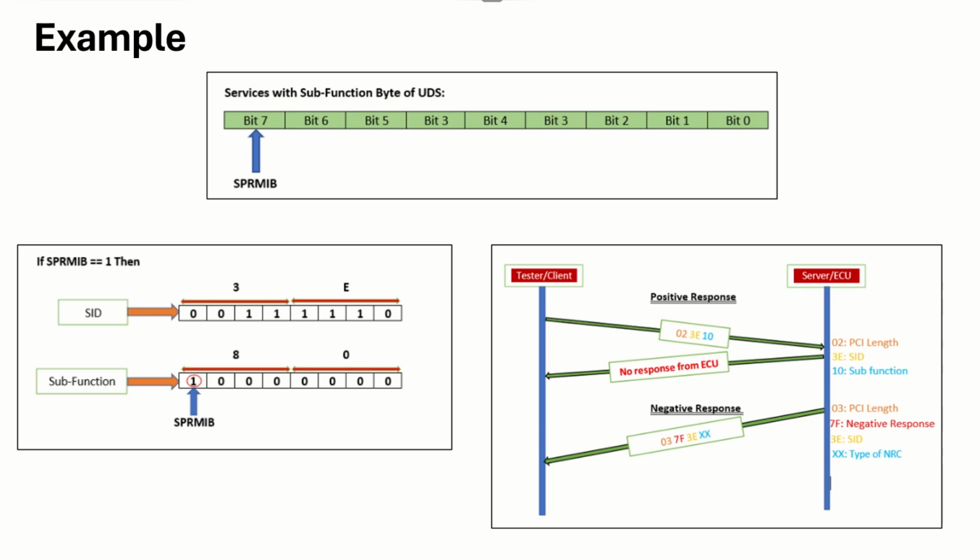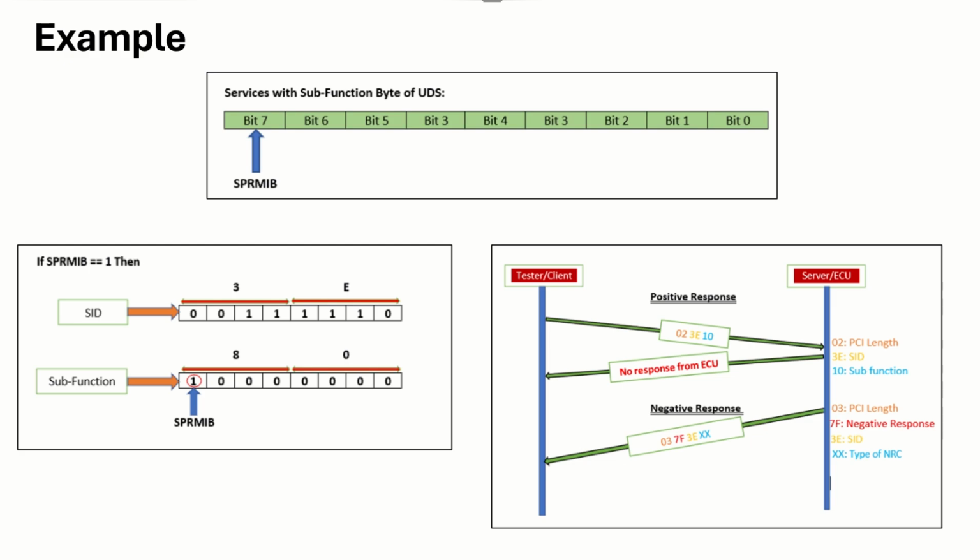Now let's continue with another example to see what happens when SPRMIB is set to 1. In this case, we are still looking at the same tester present service example with service ID 3E. However, here SPRMIB, which is bit 7 in the subfunction byte, is set to 1, which means the ECU will suppress the positive response.